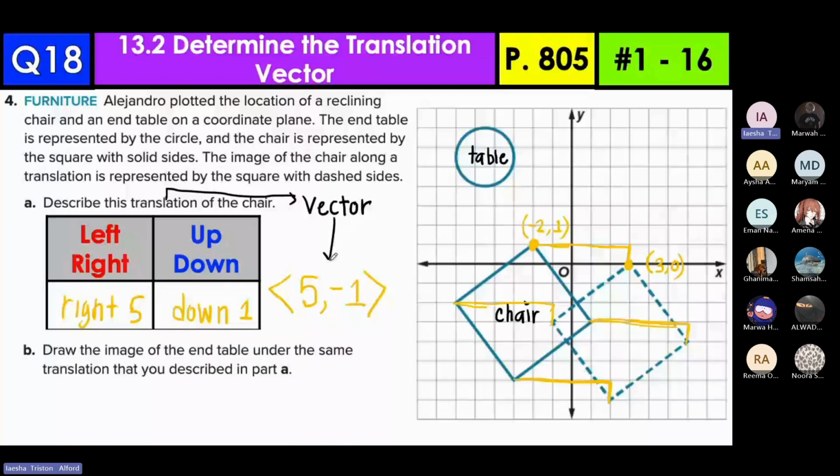This is the vector, this is the point, or the ordered pair. Or another thing we call this is vertices when we talk about these. It's the corner of the shape. Is it clear?